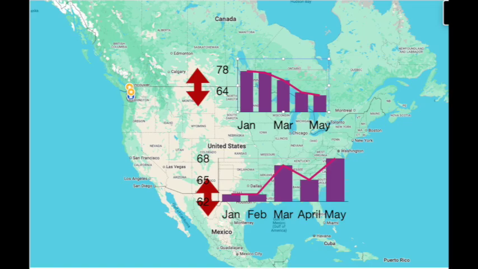But on the other hand, between the United States and Mexico, the total trade volume increased month by month. You can see the drawing. That graph shows that from January to May, the trade volume has grown.